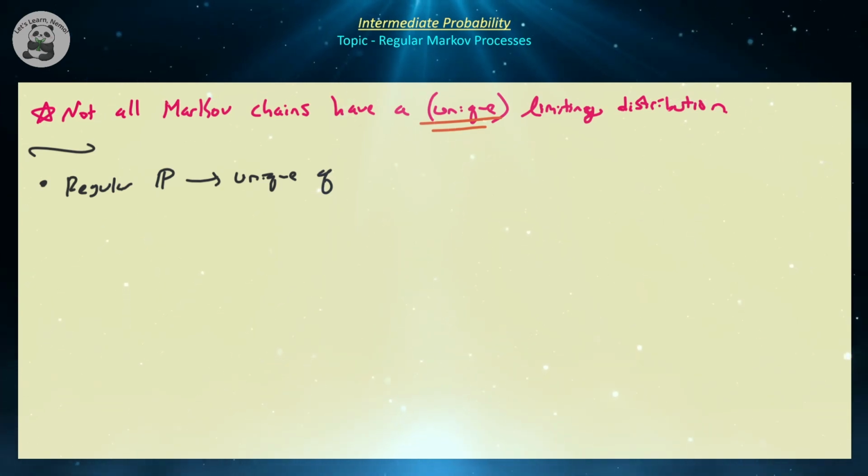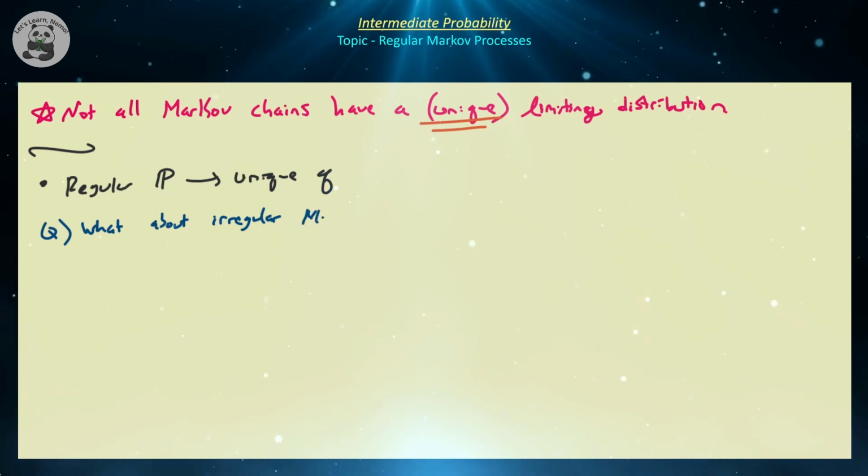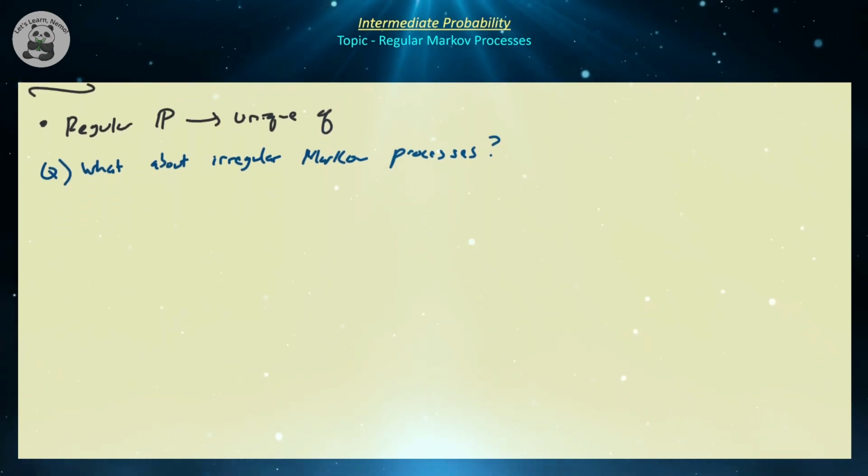So that means every regular Markov process has a unique limiting distribution. A natural question you may be asking is, okay, well, what about irregular Markov processes?